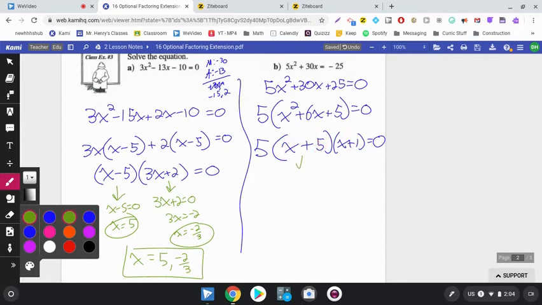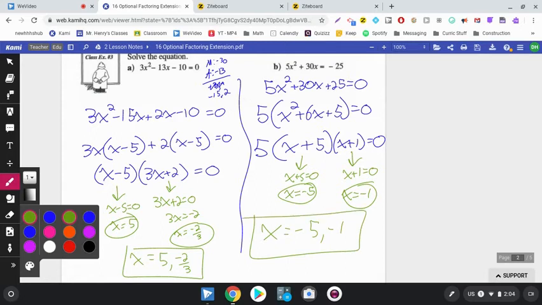So I can do that quickly. x plus 5 equals 0. Solving that, I get x equals negative 5. Or the x plus 1 could equal 0. Solving that, you get x equals negative 1. So again, I have 2 solutions. x could equal negative 5, or x could equal negative 1. And there you go. That's solving a quadratic equation using factoring.